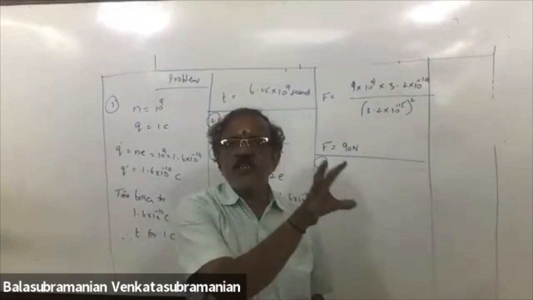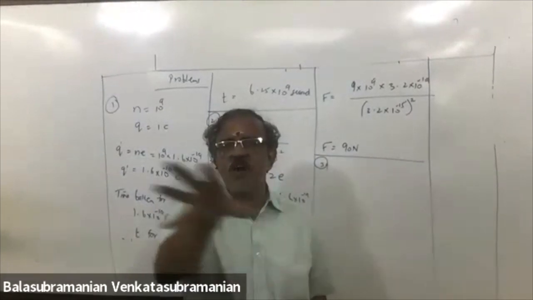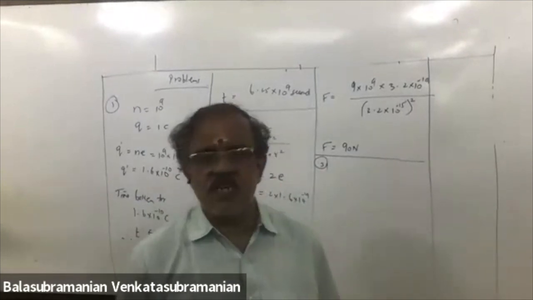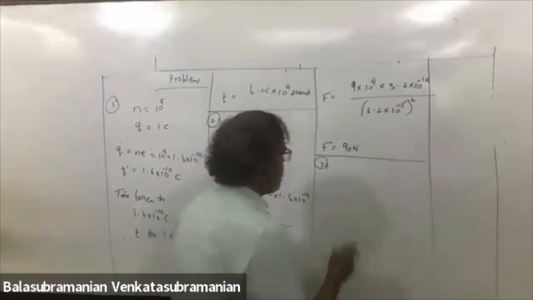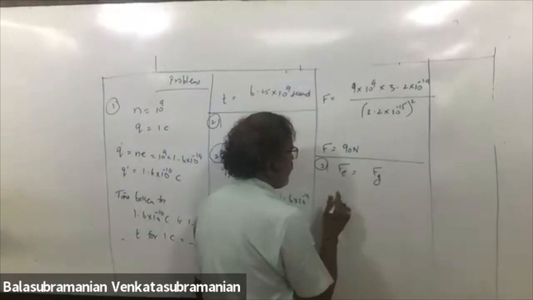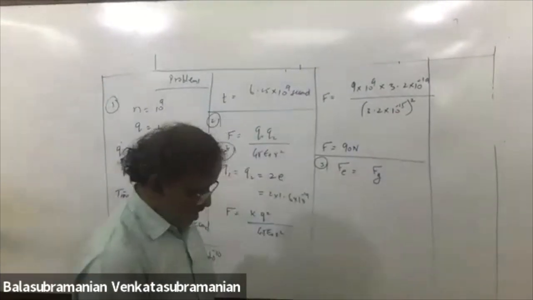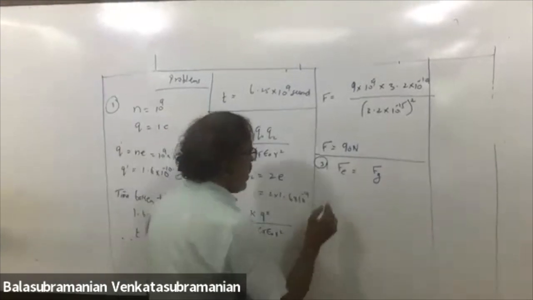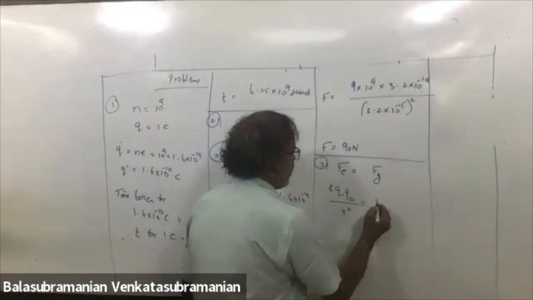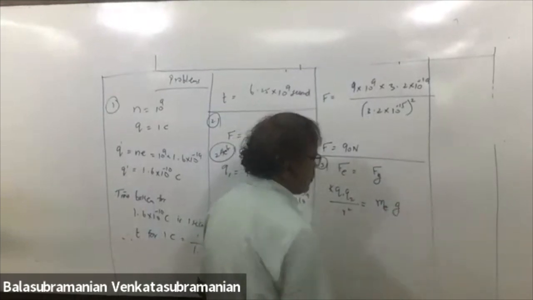So you equate Coulomb force with the normal weight mg. F is equal to W is equal to mg. So I can write Fe is equal to Fg. Fe is Coulomb force. What is the formula? K Q1 Q2 by R square. Here it is mass of the electron into g.